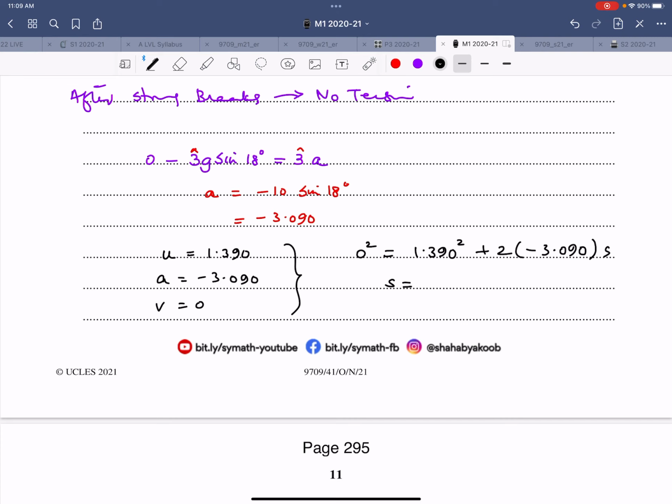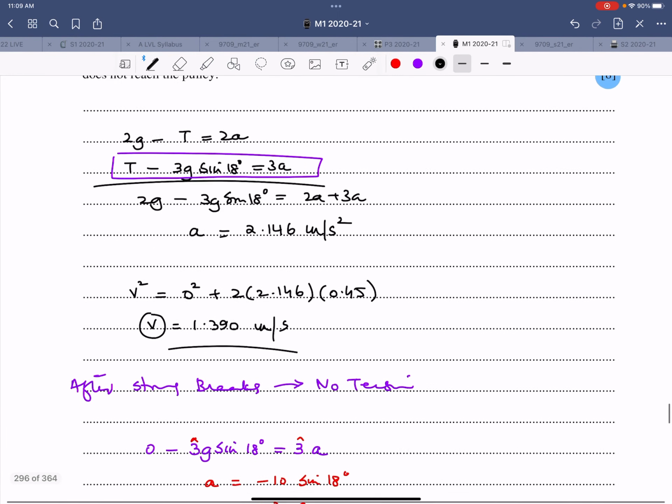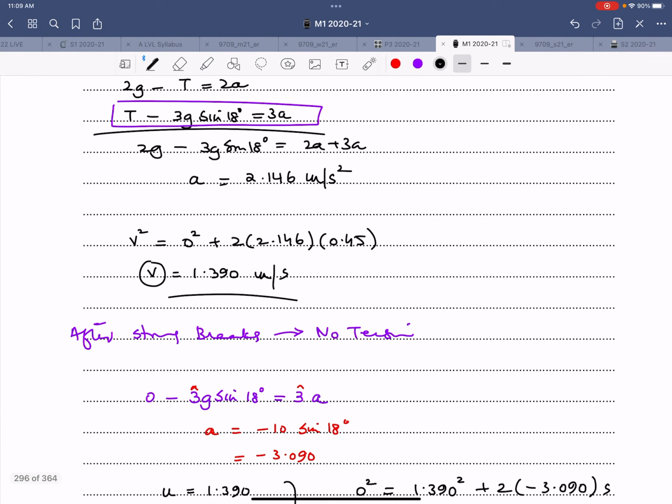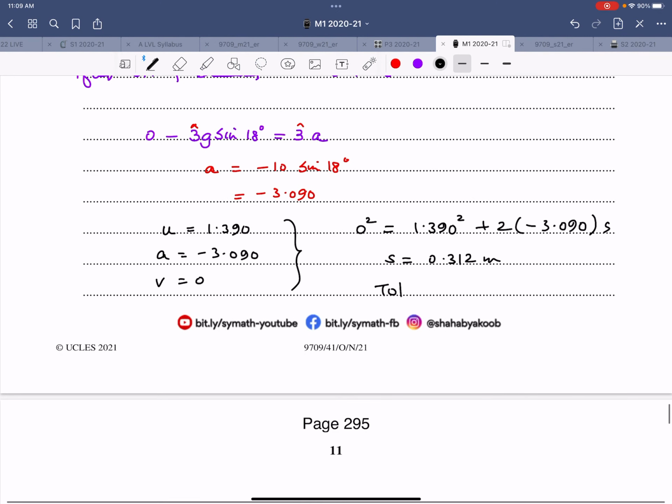This value of s comes out to be 0.312. There is another s, that is not based upon this, that's already given. So therefore, the total distance is equals to 0.45 plus 0.312. You add it up, and this comes out to be 0.762 meters.